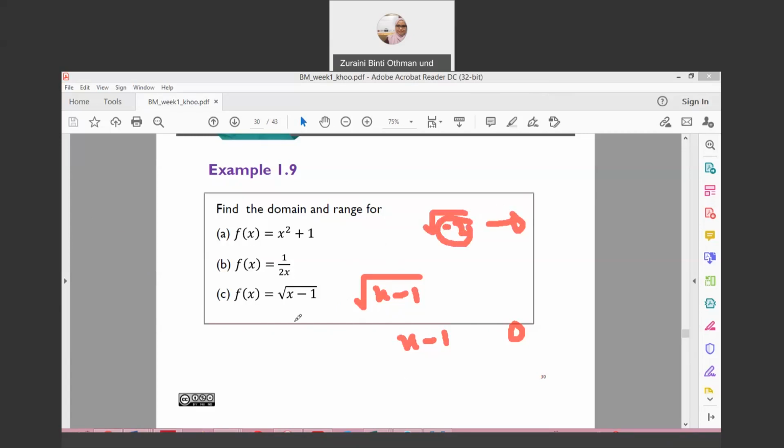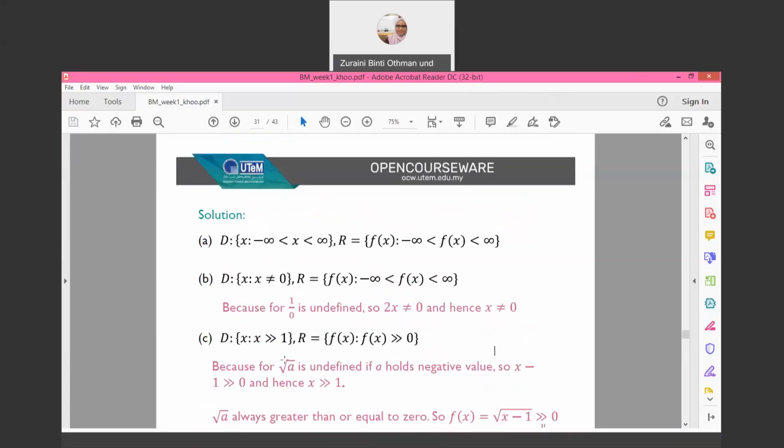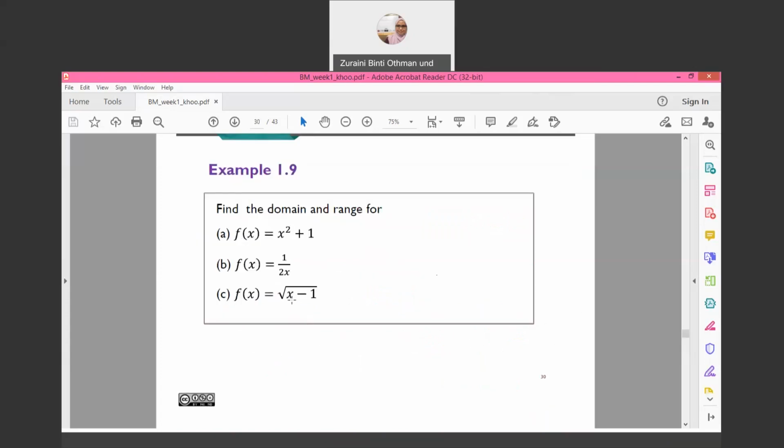Okay, so here we know that x minus 1 must be always greater than or equal to 0. So x must be, put to the right side, x is always greater than or equal to 1. Because when we put 1 here, 1 minus 1 becomes 0.